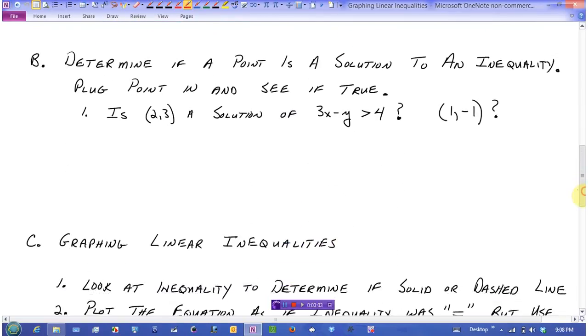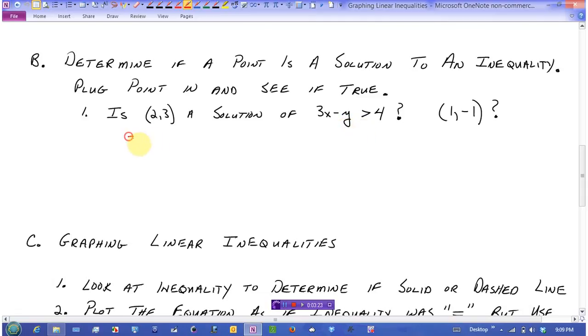Some of the problems we're going to see are going to be to determine if a point is a solution to an inequality. So let's take a look at that. What we do is plug the point in and see if it works. For this one, I have the point (2, 3), and I want to know if it's a solution of 3x minus y is greater than 4. So let's substitute that in.